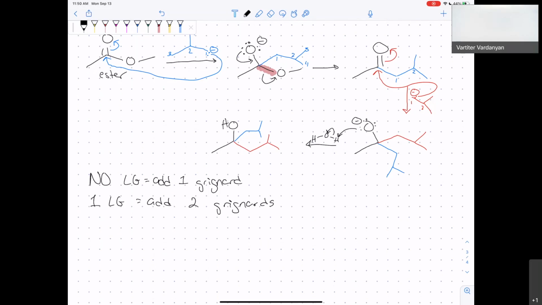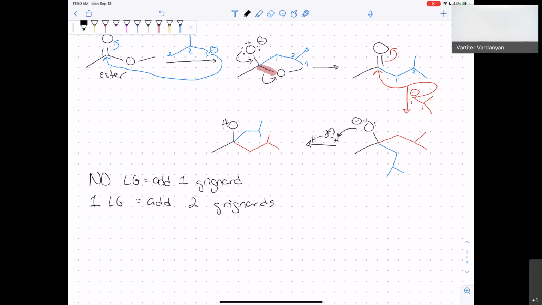Okay, cool. Exactly. So when do we protonate versus when do we reform the double bond?